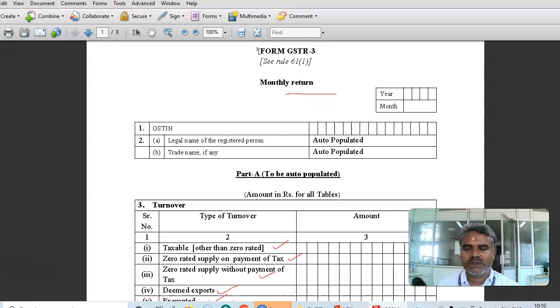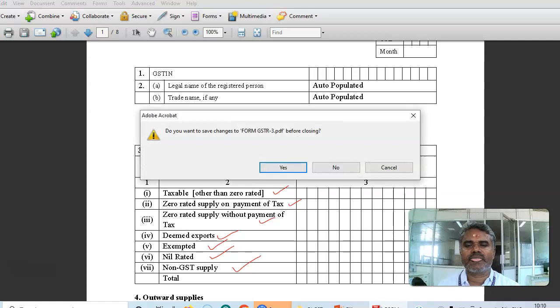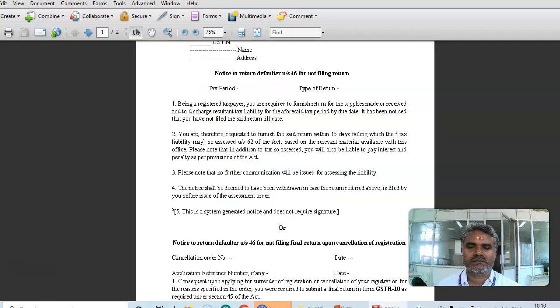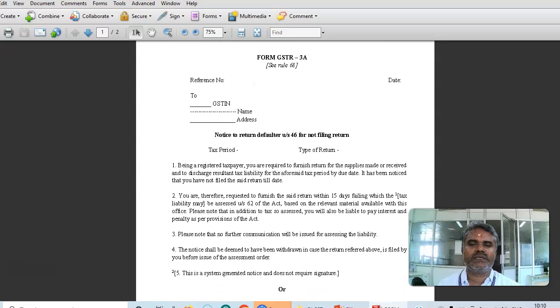Now I am going to show GSTR-3A and 3B. GSTR-3A is the notice to return defaulter under section 46 for not filing return.